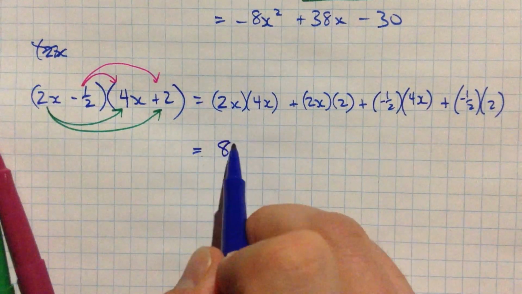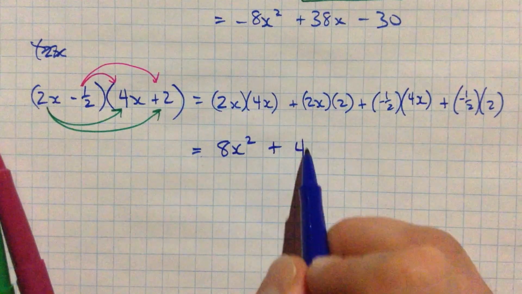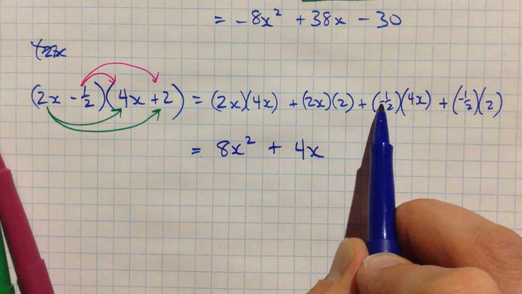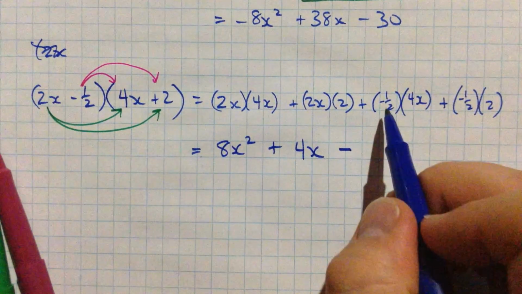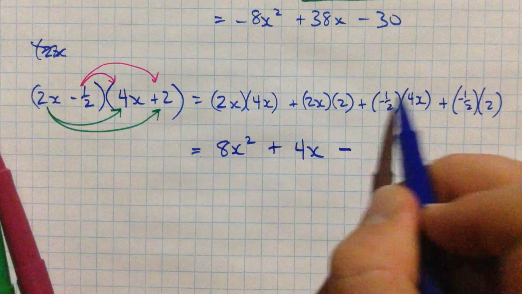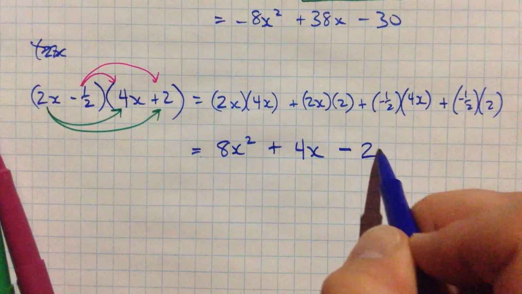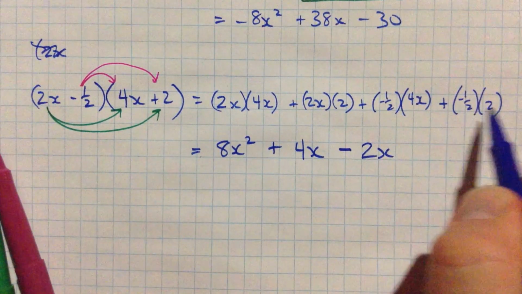2x times 4x is 8x squared plus 4x. Now here this is going to be negative. Plus minus plus. That's a negative. There's an odd number of negative signs here. So negative 1/2 times 4. Half of 4 is 2. And there's a single x there. And once again, half times 2.